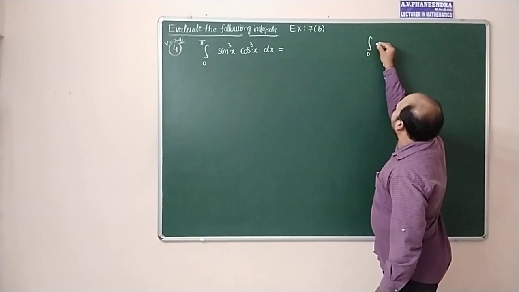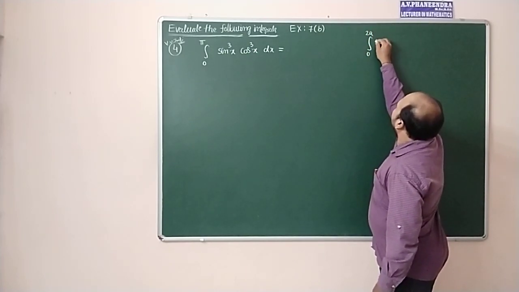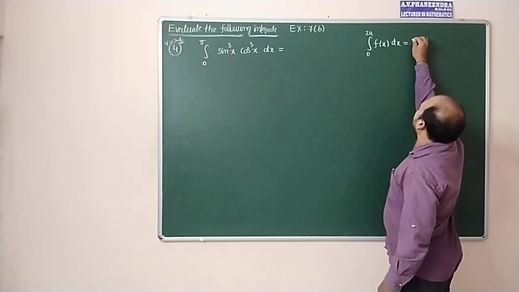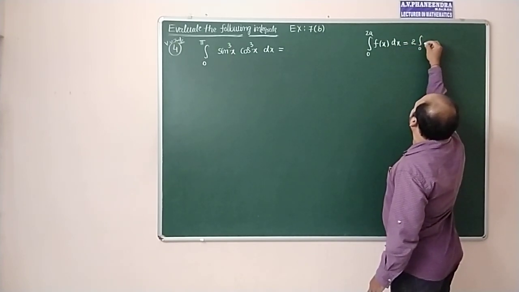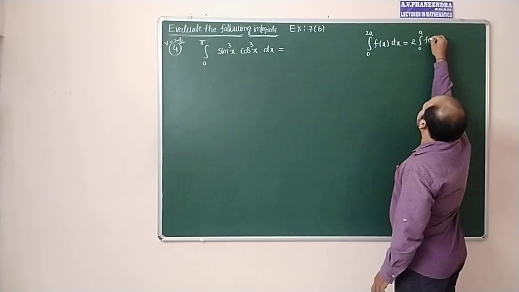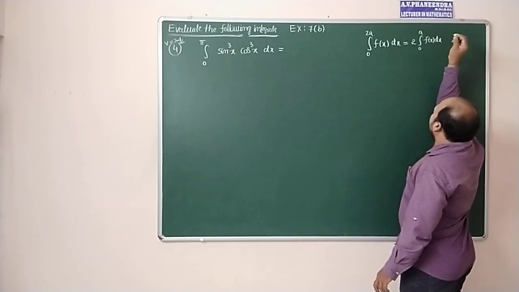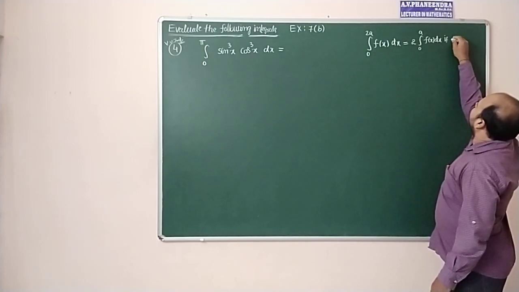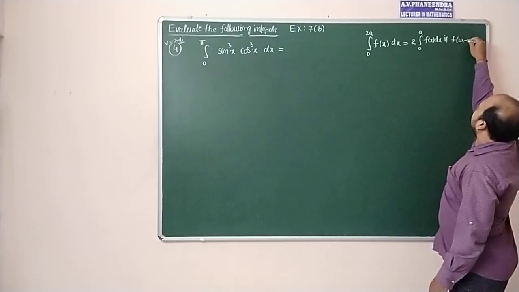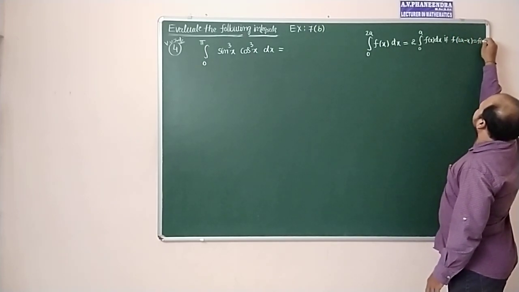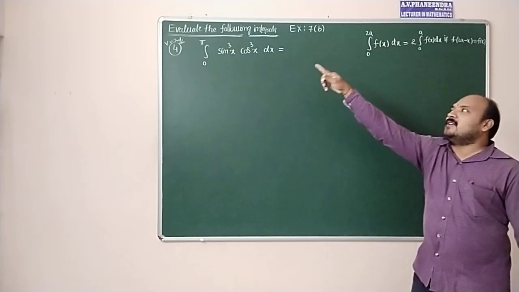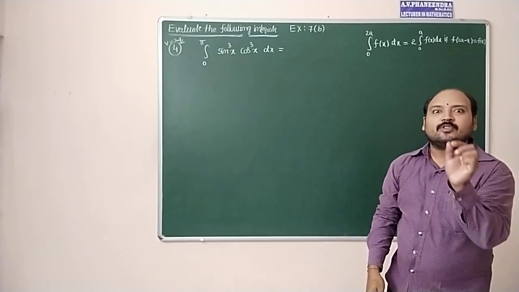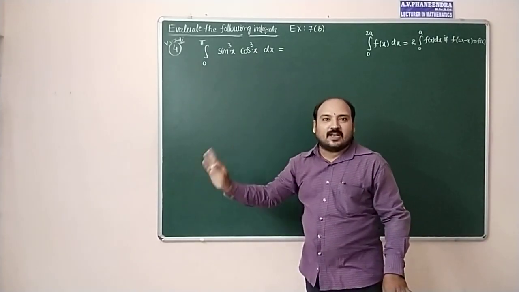Integral 0 to 2a f of x into dx is equal to 2 times integral 0 to a f of x dx, when f of 2a minus x is equal to f of x. In place of 2a what value is there? Pi is there in this question. It means you have to find f of pi minus x value.